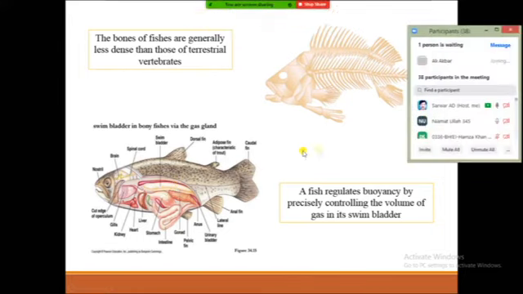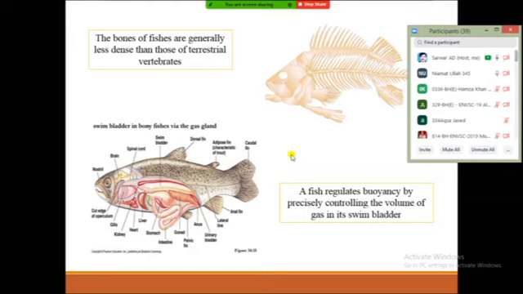So as fish regulate buoyancy by precisely controlling the volume of the gases in the swim bladder, these gases are generally produced metabolically, and further they are moved to the swim bladder using the rete mirabile. These are special structures at the junction or at the start of the swim bladder, and after that these gases may be removed from the swim bladder by the oval. This is the structure present at the end of the swim bladder. You will see it slightly in the next slide.